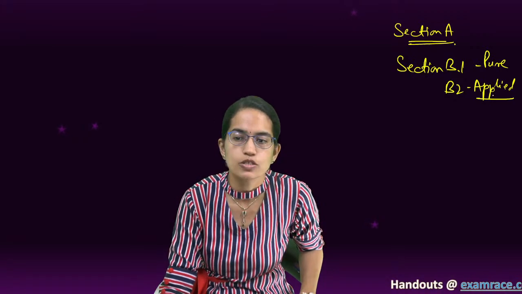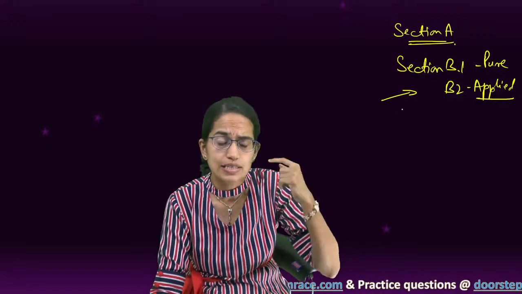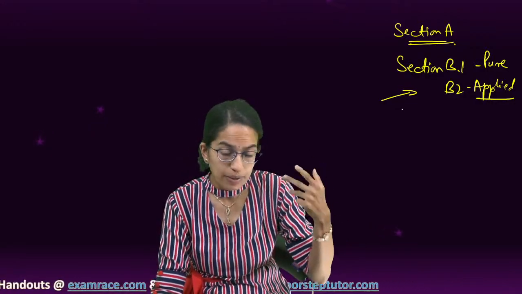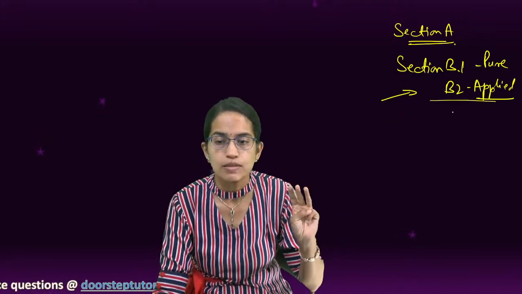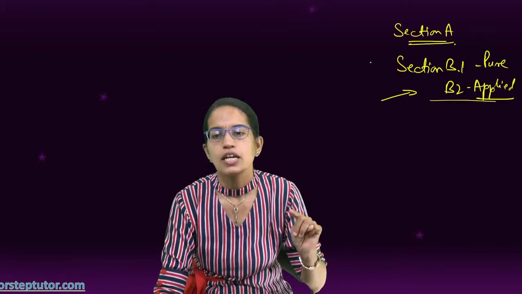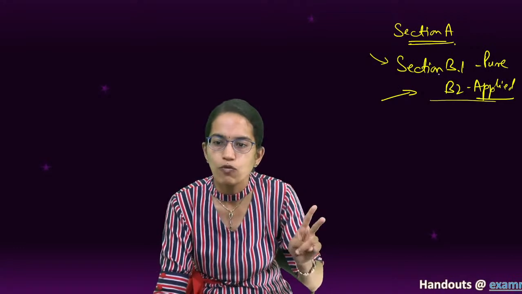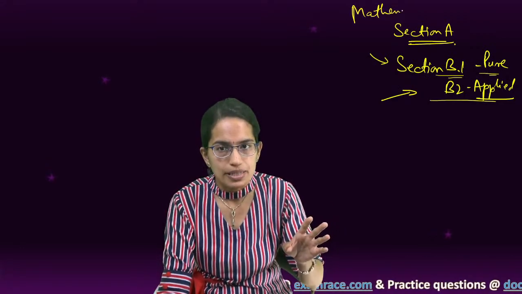So let's say if you are a student from statistics, or you want to pursue your higher studies in statistics, economics, or let's say applied mathematics, then opt for section B2, which is applied mathematics. If you want to go for pure mathematics, then it's a better idea to go for section B1, which is pure mathematics, and that's for the mathematics students.